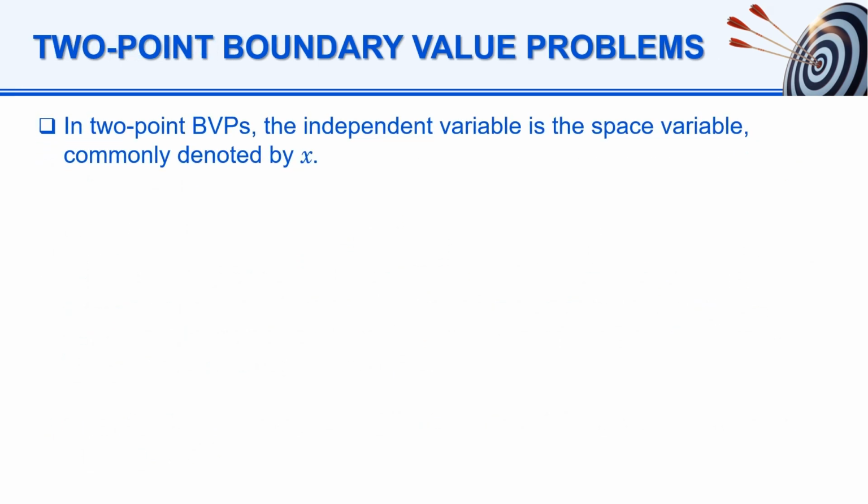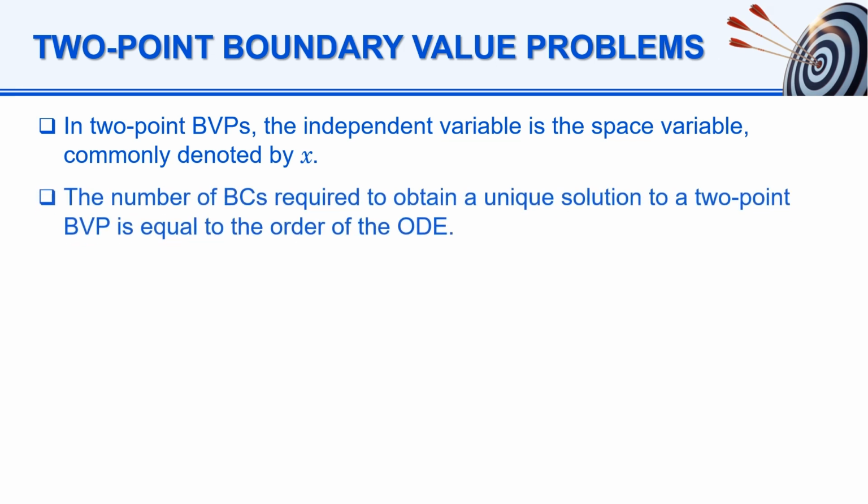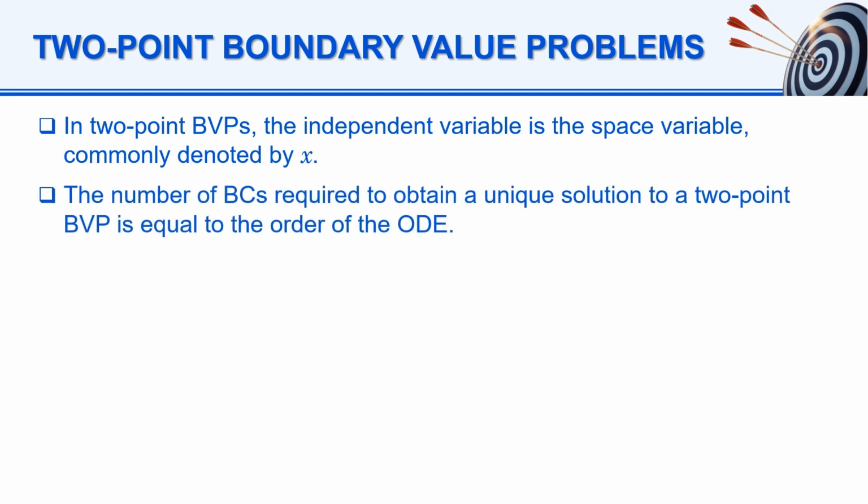In two-point boundary value problems, the independent variable is the space variable, commonly denoted by x. The number of boundary conditions required to obtain a unique solution to a two-point boundary value problem is equal to the order of the ordinary differential equation.